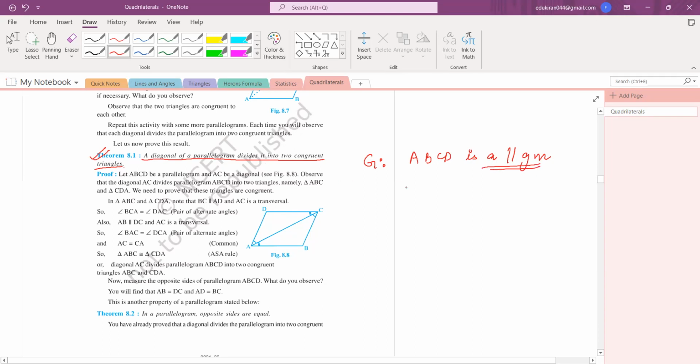So you have to show that it divides it into two congruent triangles. So basically you have to prove that this triangle is congruent to this triangle, right? Yes. So to show that triangle ABC is congruent to triangle CDA.